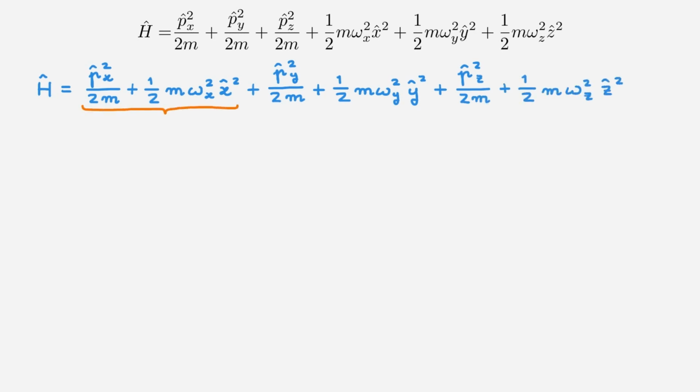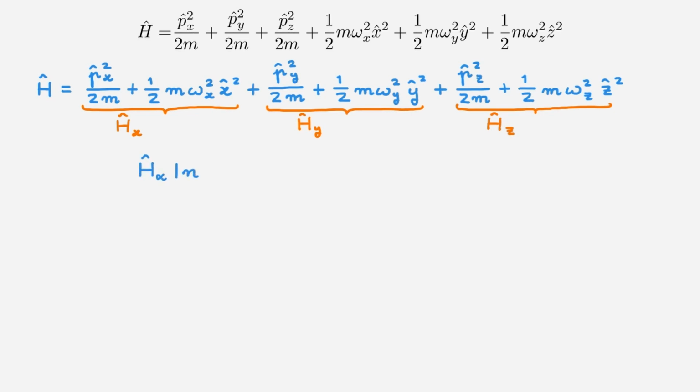This here is the Hamiltonian of a one-dimensional quantum harmonic oscillator along x. This is also a one-dimensional oscillator, but now along y, and this is also a one-dimensional oscillator along z. So the Hamiltonian for a particle in three dimensions is simply the sum of the Hamiltonians of the particle moving along the three Cartesian directions independently.